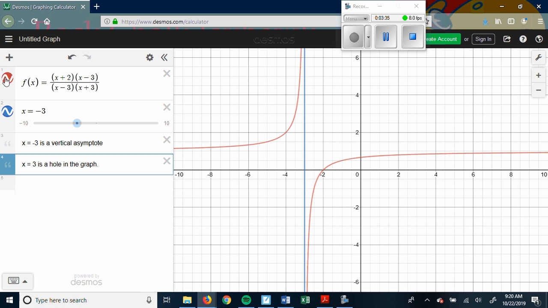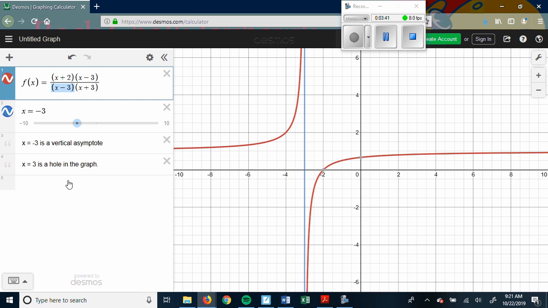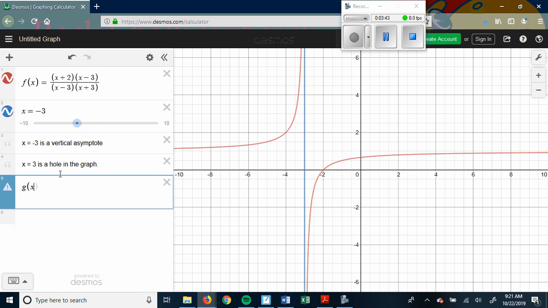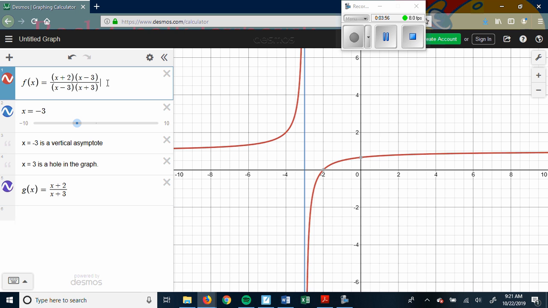Now why does that hole exist? That hole exists because we have x minus 3 here and x minus 3 here. If we were to write another function and call it g of x, x plus 2 over x plus 3, those two graphs look very much the same. The red graph and the purple graph look the same.